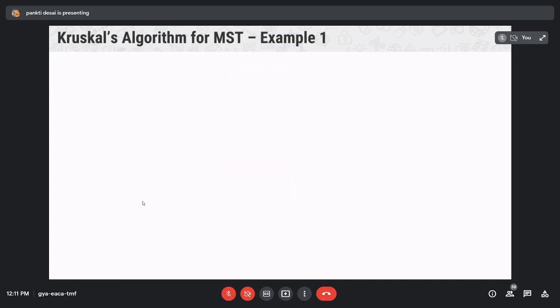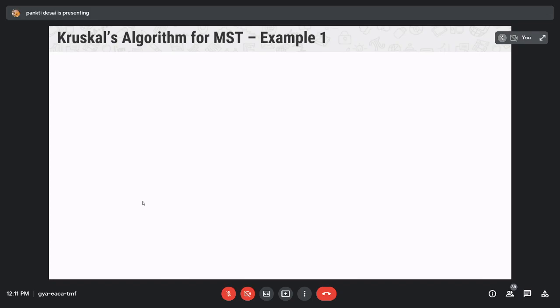Now let's start with the Kruskal algorithm. Before that, let's discuss the applications of spanning tree. There are two main applications of spanning tree. First, spanning trees are very important in designing efficient routing algorithms. Whenever you want to design routing algorithms in networking, at that time spanning trees are very important.